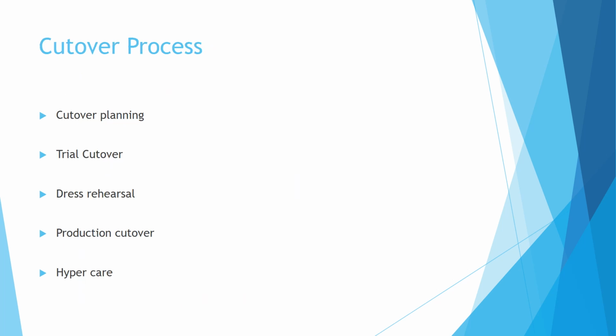And then, coming to the cutover process, how does the cutover work as a cutover manager? What are you supposed to do, or how will you manage it? What all needs to be taken care of? First of all is the cutover planning.